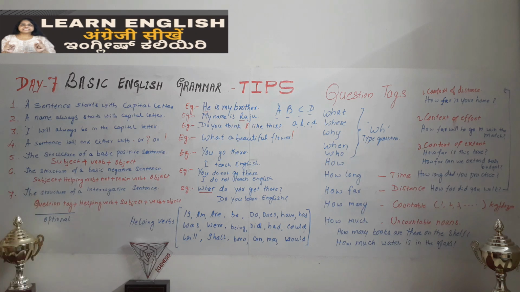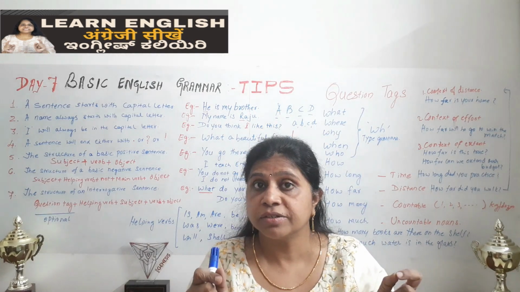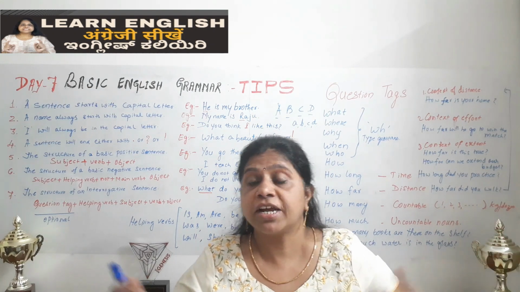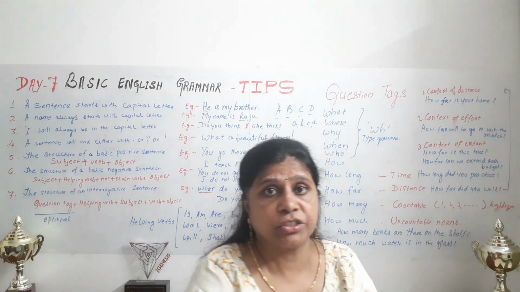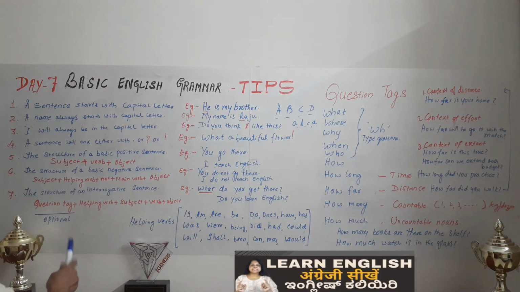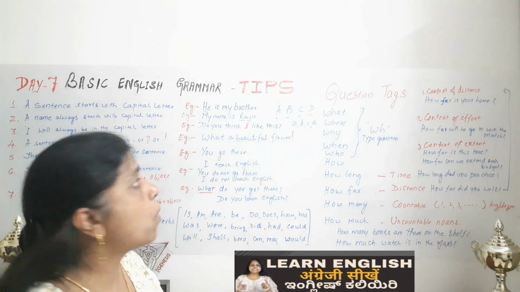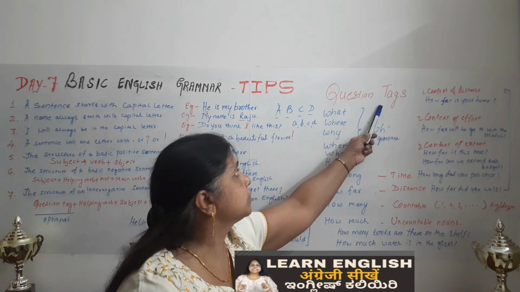See tip number 7 about the interrogative sentence. What is interrogative? Interrogative is the question sentence. When we say what are you doing, where are you going, all these are questions. So how do we use that? First, question tags.